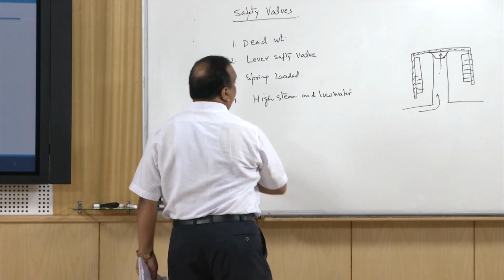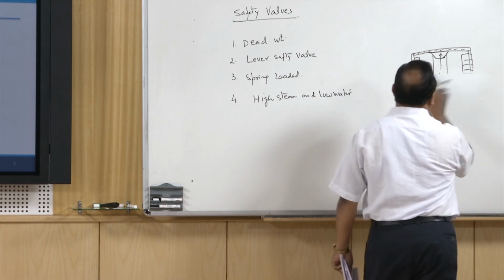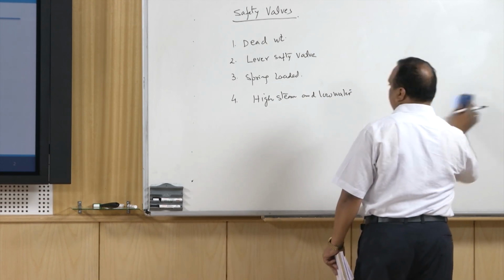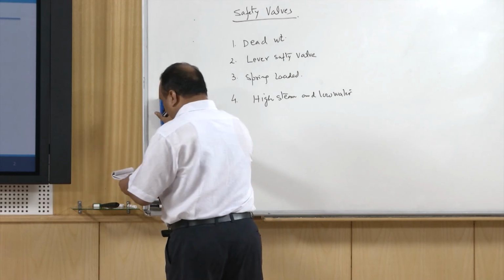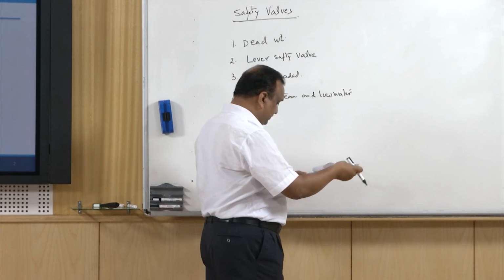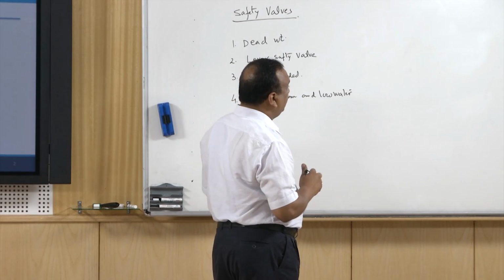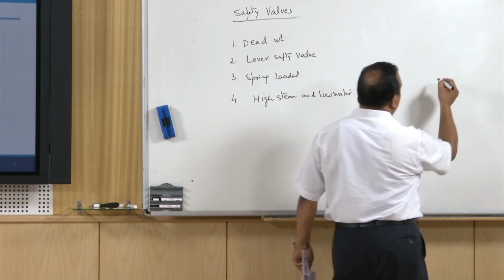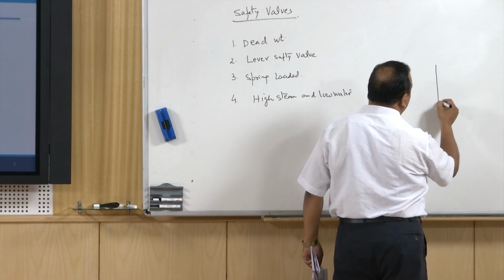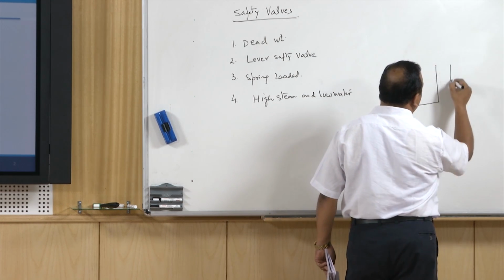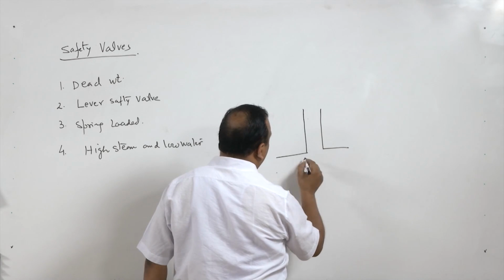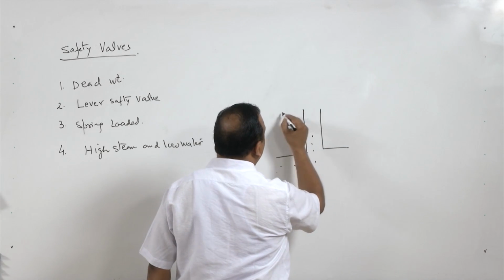Now, the another valve is the lever safety valve. Lever safety valve is almost like a dead weight safety valve. In this valve, suppose there is a passage again and this side is filled with the steam.